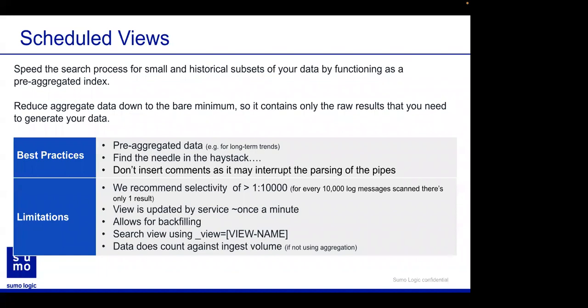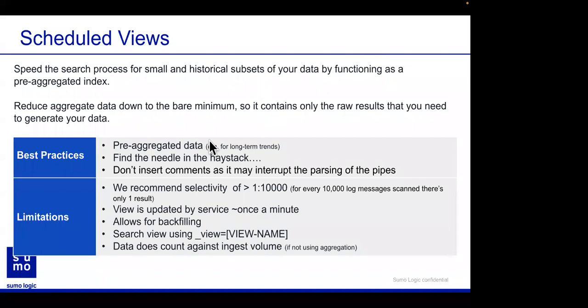The data does not count against your ingest volume. That is to say, if you're not using aggregation. And we recommend that you do this with pre-aggregated data. And again, you want to try to take advantage of where you've got a lot of log messages you're trying to consolidate. So 1 to 10,000 ratio or better is basically what you want to run into.